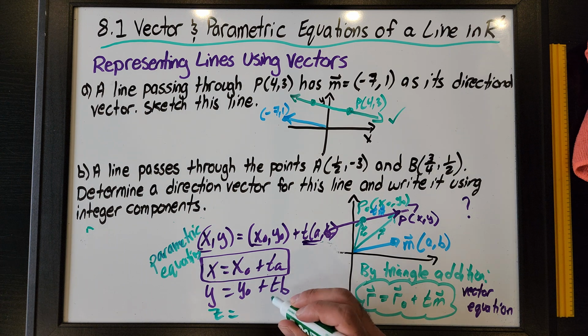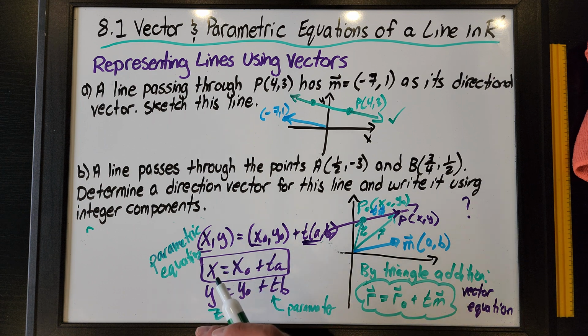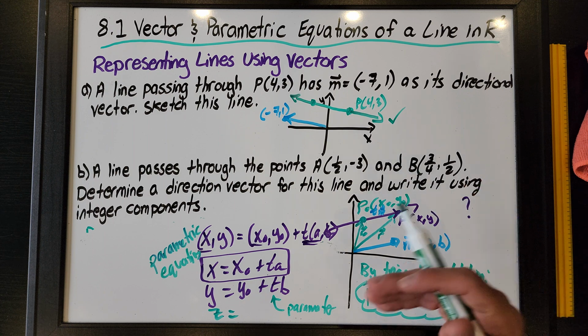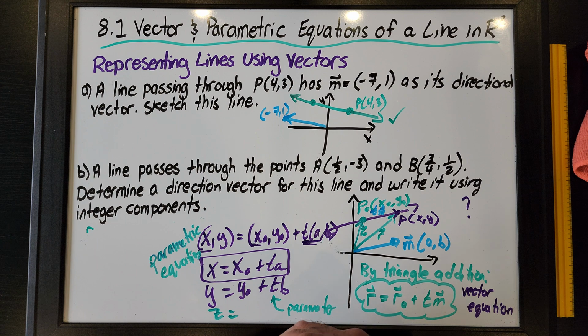And it's a parametric equation because this t is a parameter, which could be any real number. So we have to be able to use vector equations and parametric equations versatilely, that's a word I just made up, in order to solve problems once we start applying vectors.